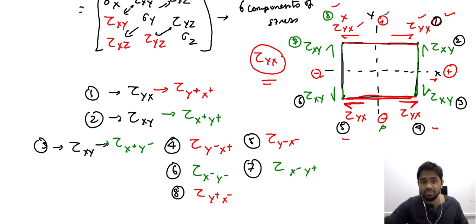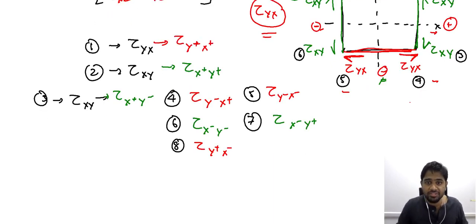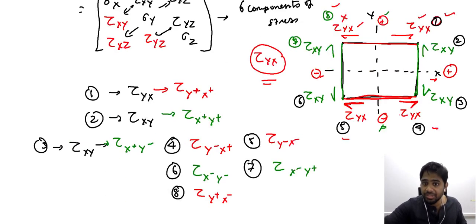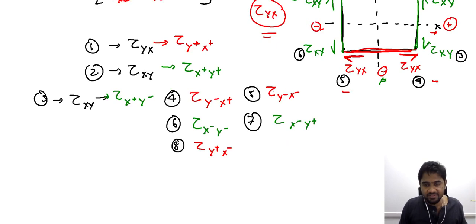But now, using positive and negative signs, using the sections in which these planes crossed the coordinate system, and also the positive and negative direction along which the shear stresses were oriented, we were able to distinguish these different stresses.